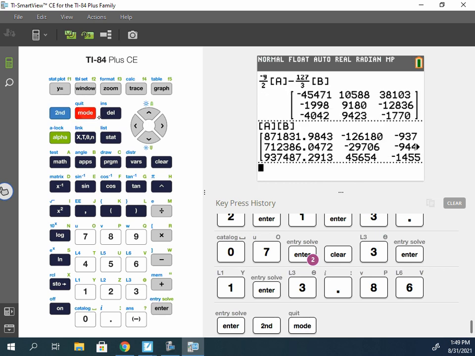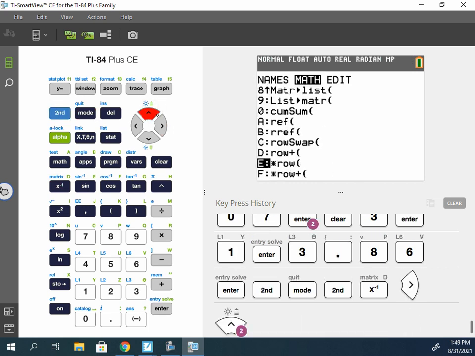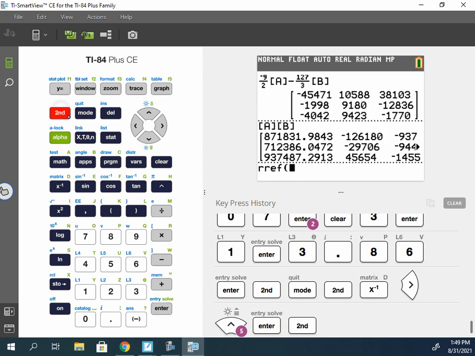Second quit. Second matrix. Math and find RREF. Second matrix A.